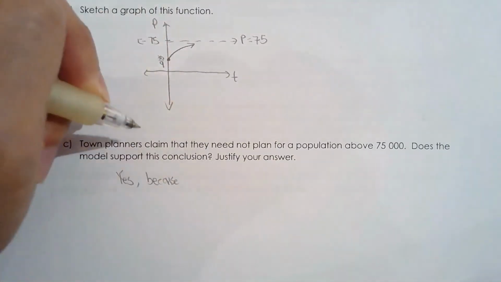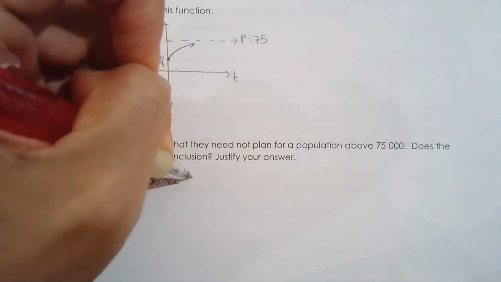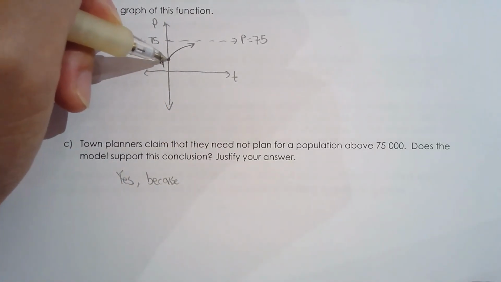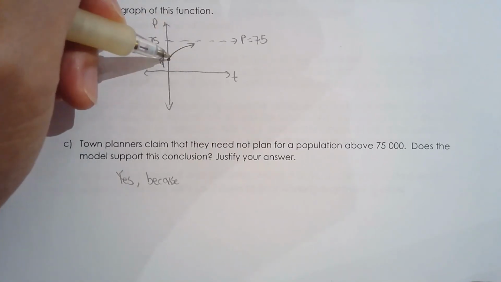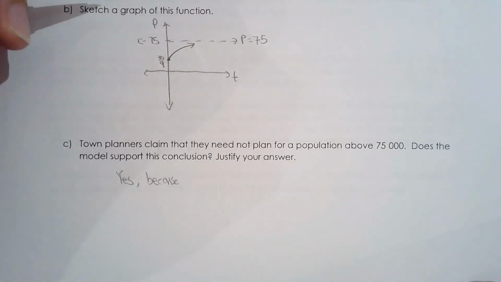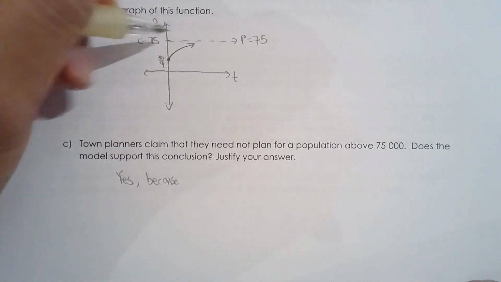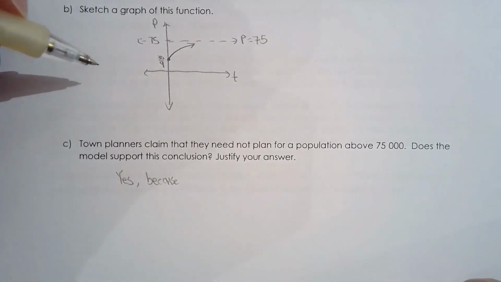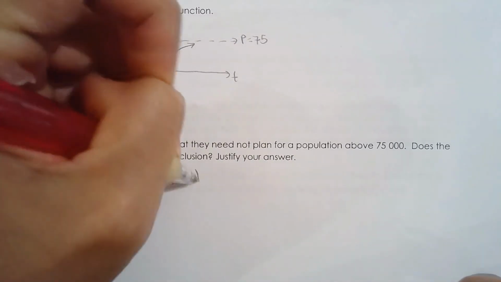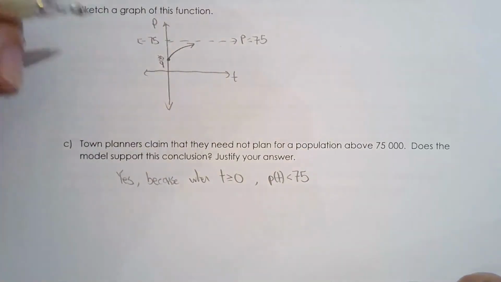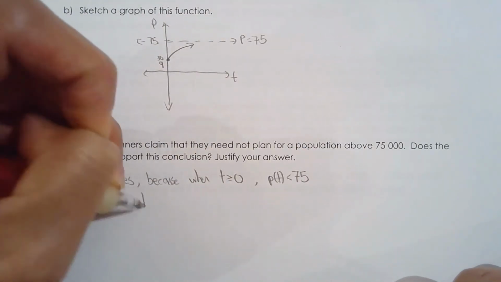I was going to say as t approaches infinity, p of t approaches 75 from below, but the graph really says it's always less. When t is greater than or equal to 0, p of t is always less than 75, based on the graph of p of t.